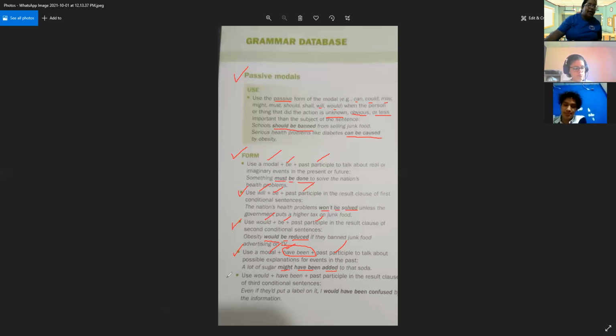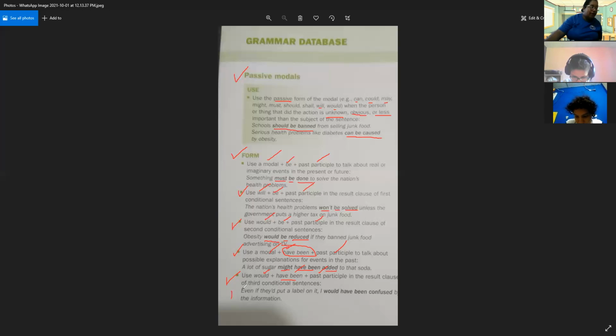¿Ok? And the last form, use would plus have been plus past participle in the result clauses of the third conditional. Aquí terminamos entonces con el asunto de los condicionales con el tercer condicional, que es bastante parecido a la forma anterior, solamente que aquí explícitamente voy a utilizar would más have been más mi verbo en past participle.